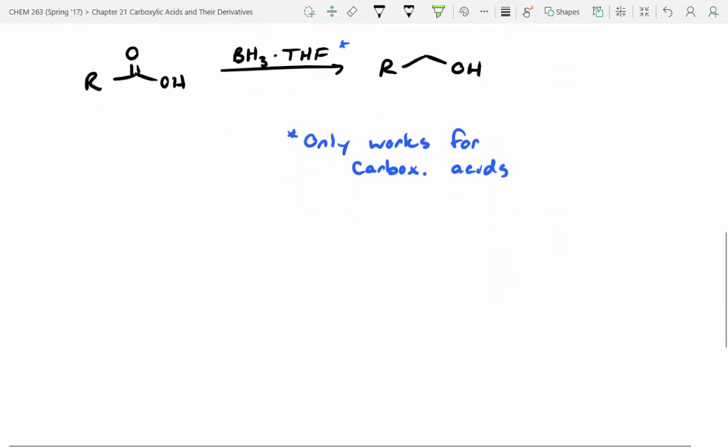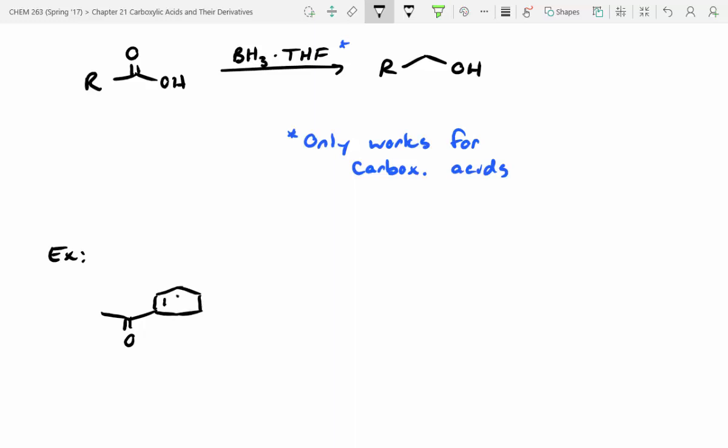So let's imagine this example. Let's say we treat this molecule with borane THF. The ketone's just going to stay put.